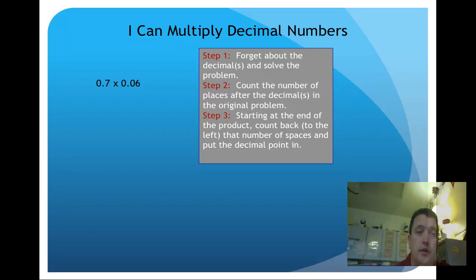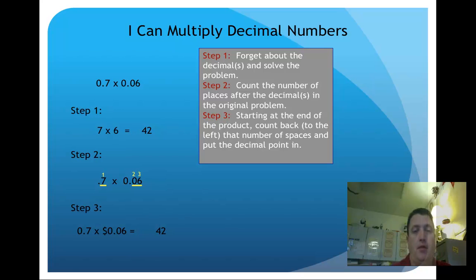So let's look at another one. Let's say I've got 7 tenths times 6 hundredths. Step 1, I'm going to forget about the decimals and solve. So I know that 7 times 6 is 42. Step 2, I'm going to count the number of places after the decimal or decimals, and since both of these are decimal numbers in the original problem, I'm going to underline those. Those are my decimal places. I've got a total of 1, 2, 3 spots.